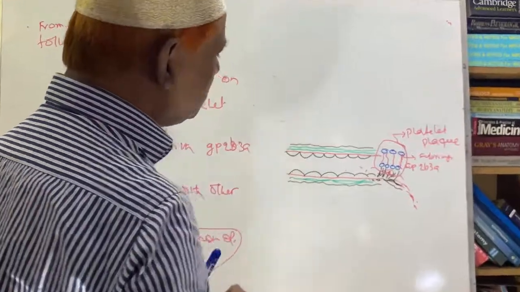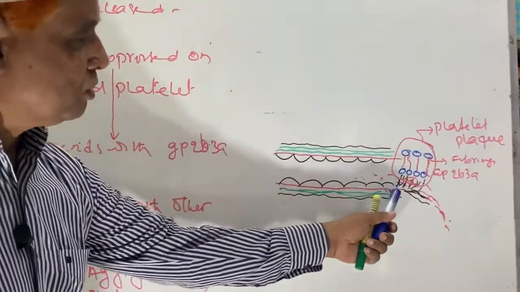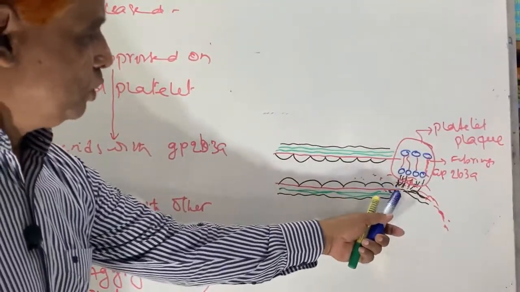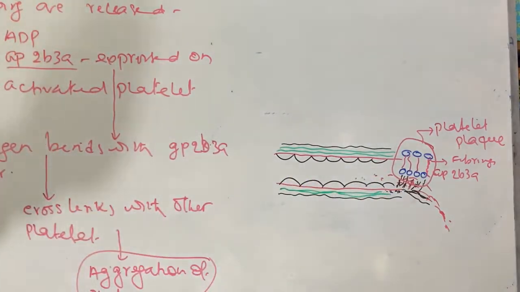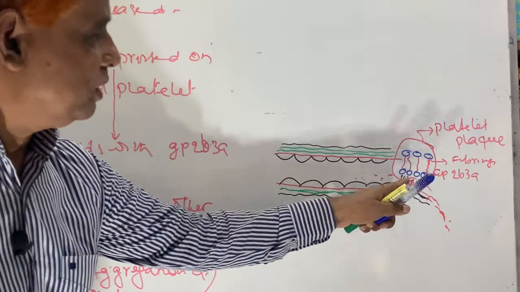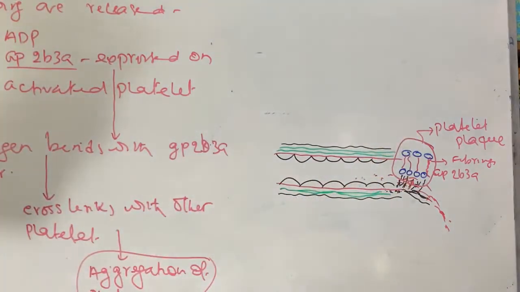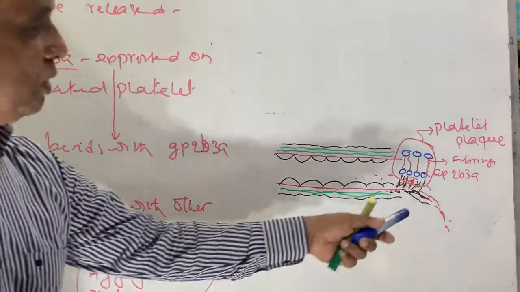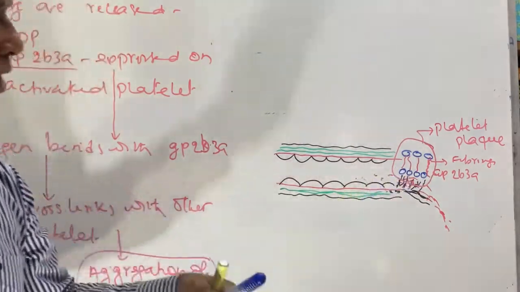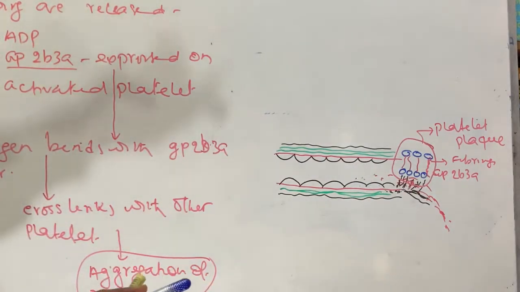Let us again recall. After injury of the endothelium, there is exposure of the von Willebrand factor from the subendothelium, and also from the injured endothelium. This von Willebrand factor binds with the platelet because the platelet contains receptor GP1B. This is called adhesion of platelet. After adhesion, platelet undergoes activation.